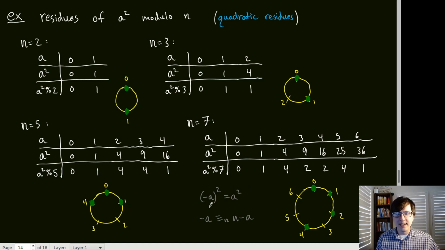But another thing is that minus a is congruent to n minus a mod n, because n is congruent to 0. So a squared is then congruent to n minus a squared, for example. So there's the symmetry that we always see. So that's one little piece of the pattern.